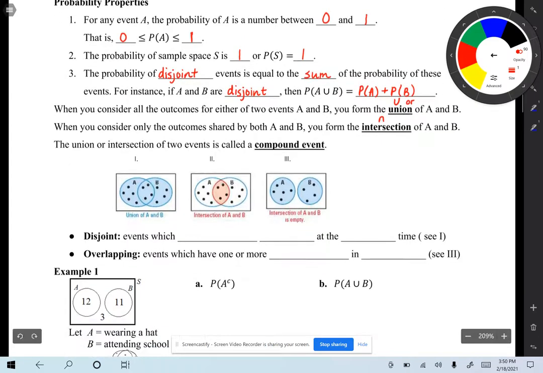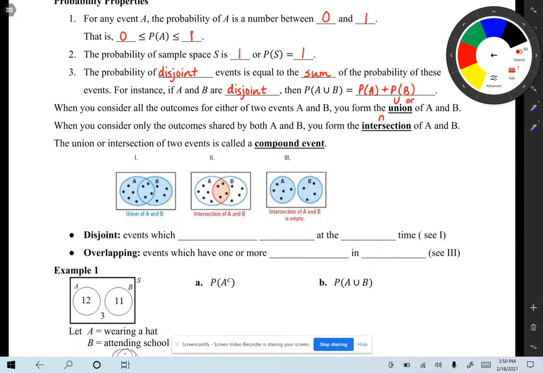So if you look at the diagram below, in figure 1 on the far left, the union of A and B can be whatever is in A or in B or in both. Whereas in figure number 2, the intersection is that pink region in the center where you have 4 dots in common. And then finally, in picture number 3, the intersection of A and B is empty.